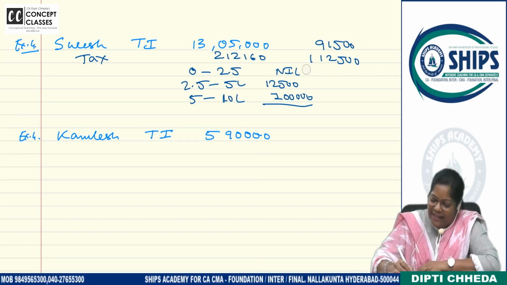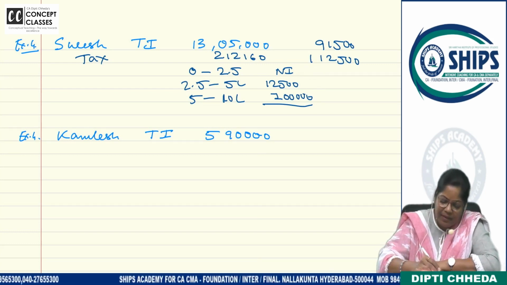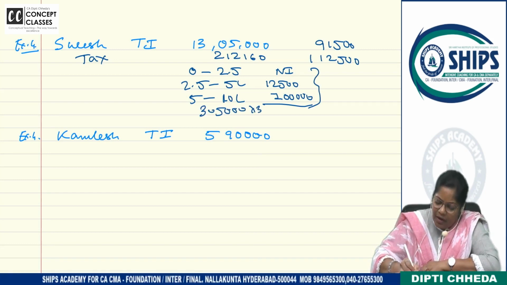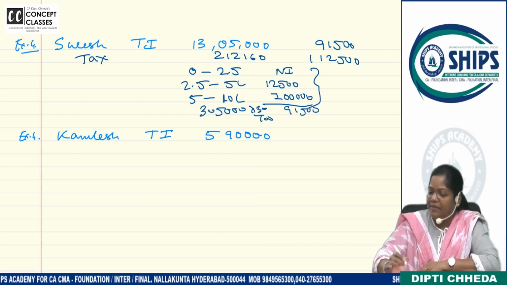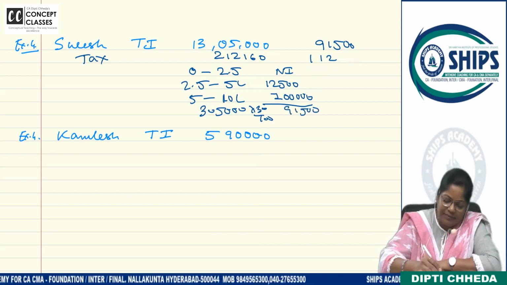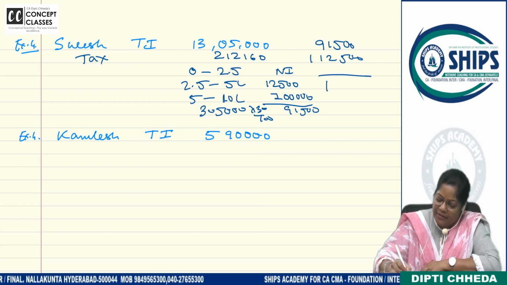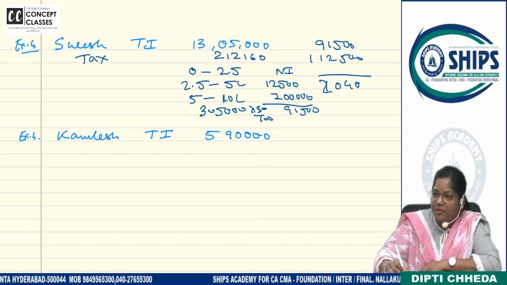1,12,500 is the tax till how much? 10 lakhs. And beyond 10 lakhs, how much is the income? On that 30%, 91,500. Now can you tell how much is the total? 2 lakh 4,000.